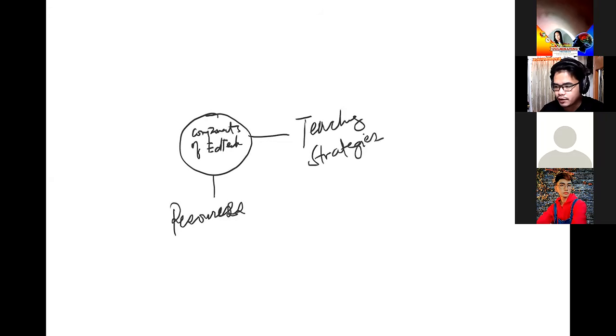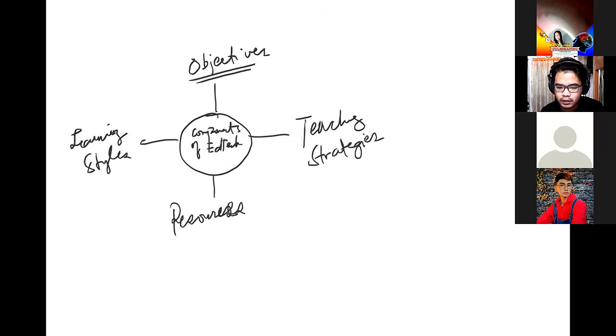The third one is learning styles. And last but definitely not the least are the objectives of the topic or of the lesson.